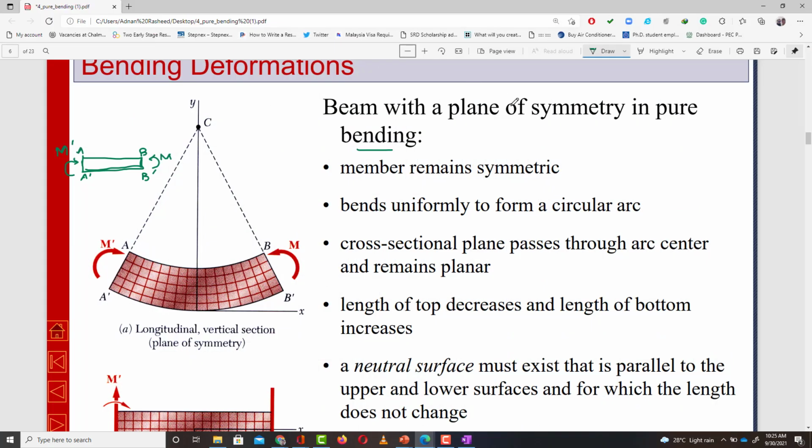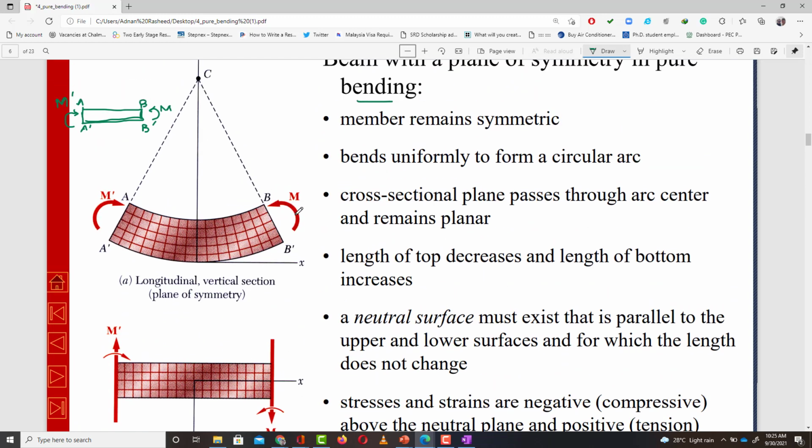So you can see here that this is the frontal view of the beam, and this is the top view of the beam, and the moment M dash is applied to this beam. Due to this type of moment, the beam will bend like this. You can see that there will be a deformation in the upper and lower boundary.